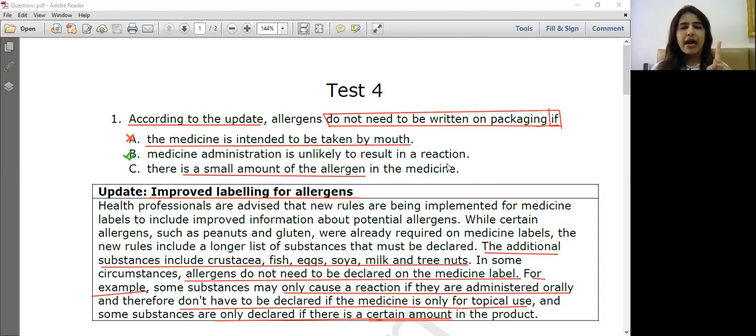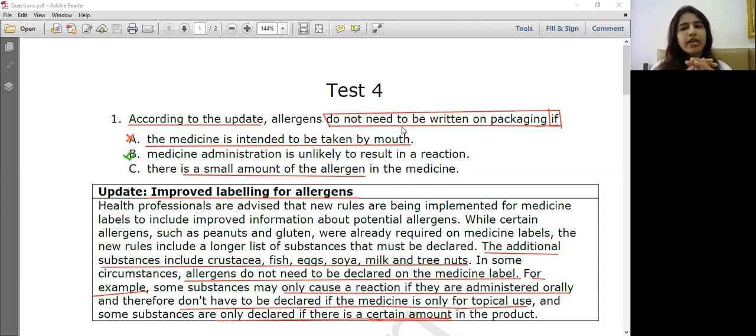Strategy 1, I read the question, try and find out exactly what I have to read for. So here we decided that we have to read for the situations when allergens should not be mentioned. 2, I don't read answer choices first, I read the paragraph first so that I understand what the paragraph is all about. And even when I read the paragraph, I do not read every single line very carefully.